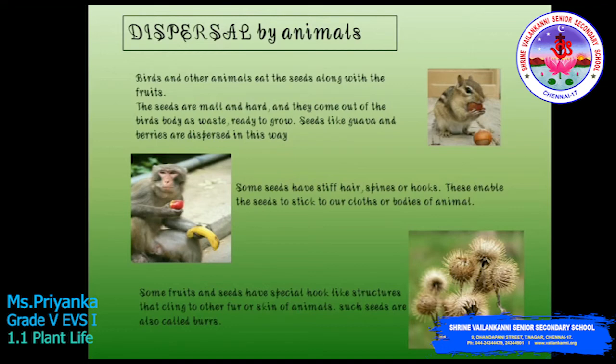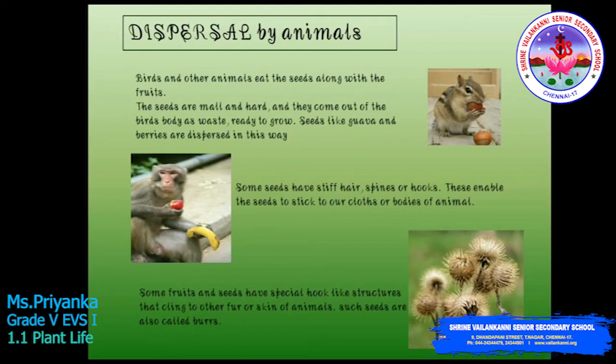These seeds are thus dispersed. Sometimes birds and other animals eat the seeds along with the fruits. The seeds are very small and hard, and they come out of the bird's body as waste, ready to grow. Seeds of guava and berries are dispersed in this way.